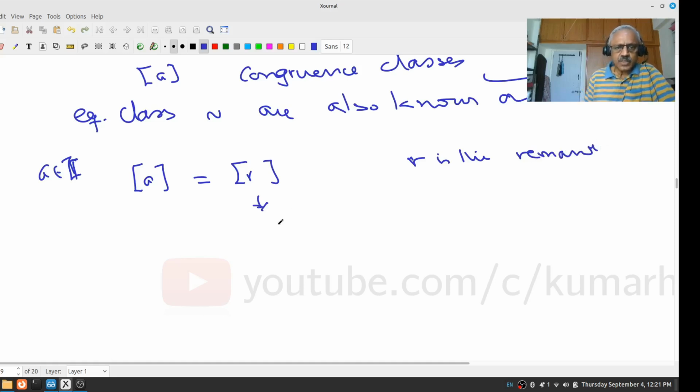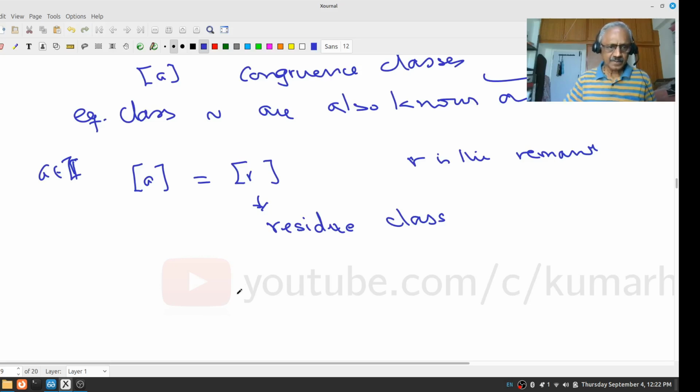Then some number theory books call this a residue class, because residue means what is left out, what remains, that's why they call it remainder. Therefore any congruence class has to be a residue class for r from 0 up to less than n. Is that clear?